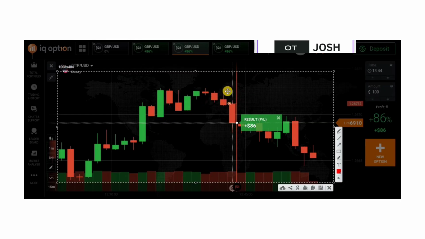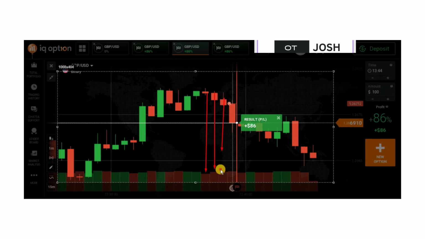So if you are looking at this valid move, having in mind that buyers have lost momentum here, look at this candlestick, small. This candlestick is small with a small volume, which is valid. Candlestick is bigger with a big volume, which is valid. Now this candlestick is big, but not as big as this, and the volume is high and not as high as this, so this is valid as well.